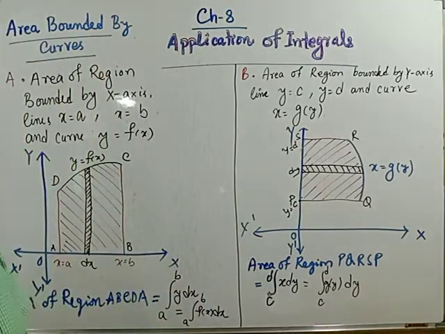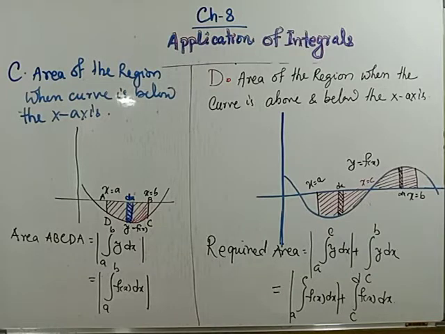Let us also discuss some more types, when the area is given below the axis. In that case, how do we find the area? Now if the curve is below the x-axis, those two cases we did were in the positive first quadrant.